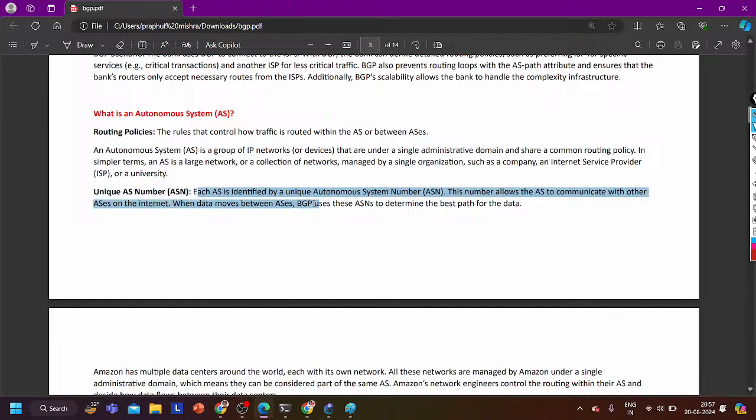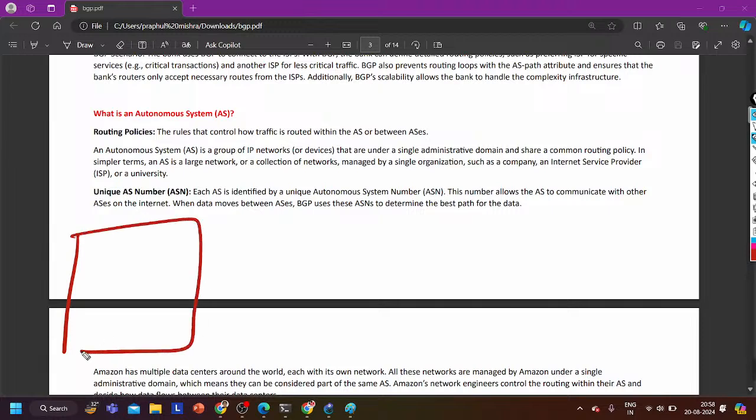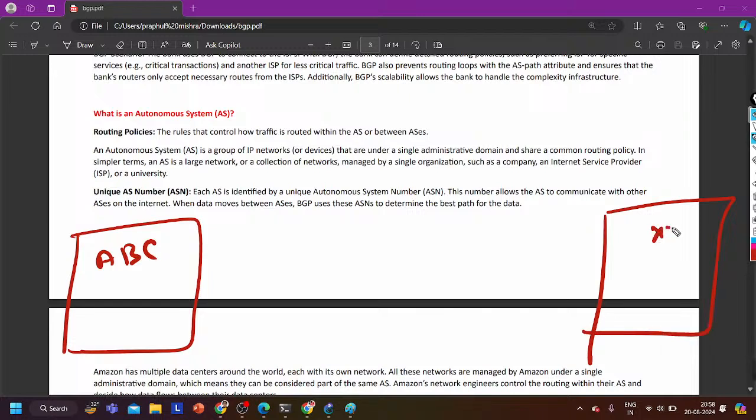When data moves between ASs, BGP uses these AS numbers to determine the best path. Like, this is my source network, ABC, and the destination network, XYZ.